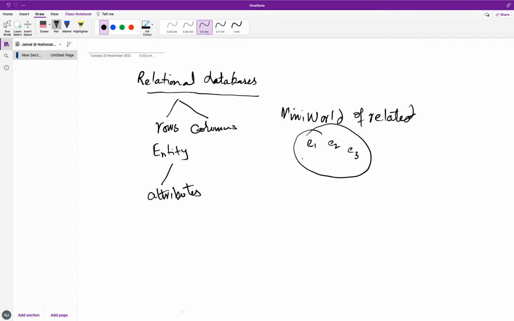And every entity has some attributes. Definitely in real life, every entity would have thousands of attributes. But who will determine, or how can we determine, which attributes are important to us?